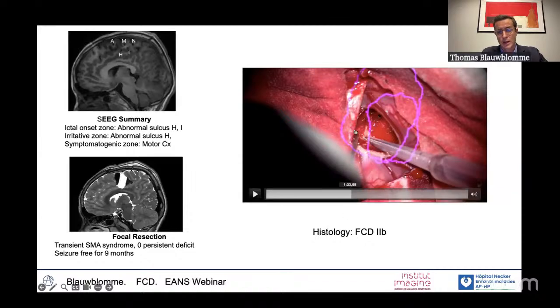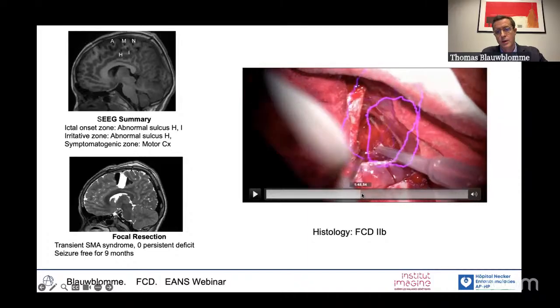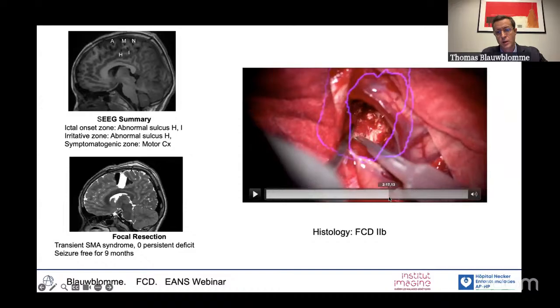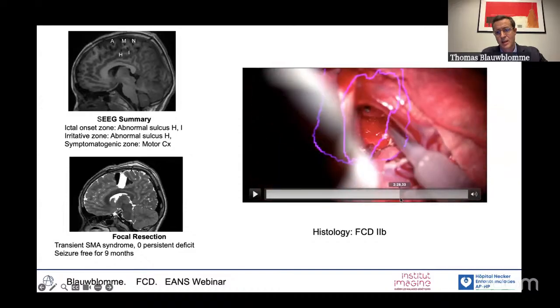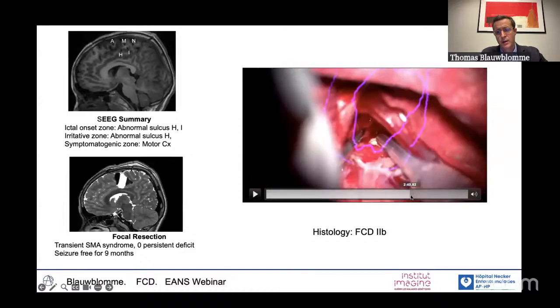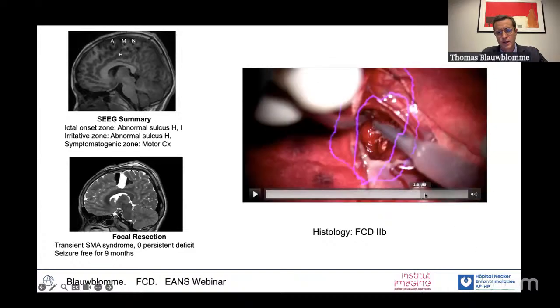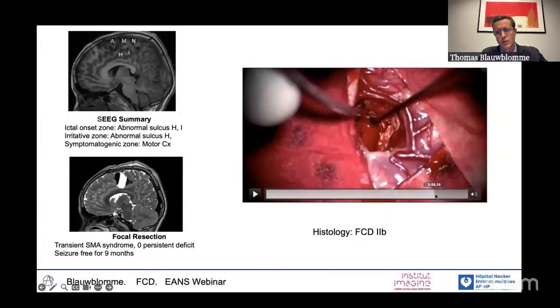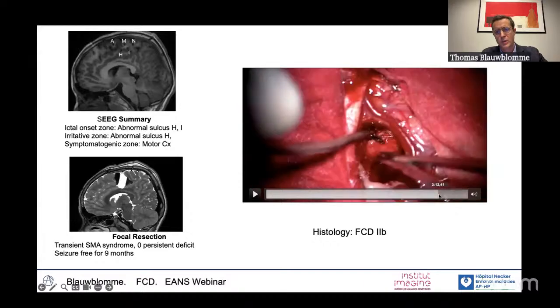So this is the midline that was exposed, the premotor area, and you will try to achieve resection until the sulci limits, and to try to find this very particular area for FCD type 2B, which is very firm orange tissue inside the FCD. So in this case, it was not possible to do en bloc resection. We had to use the CUSA and do piecemeal resection.